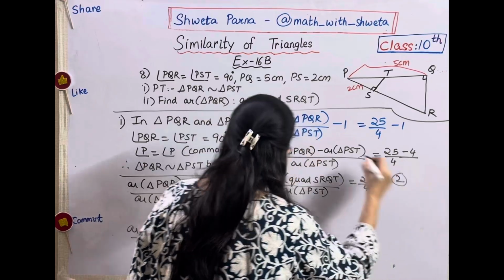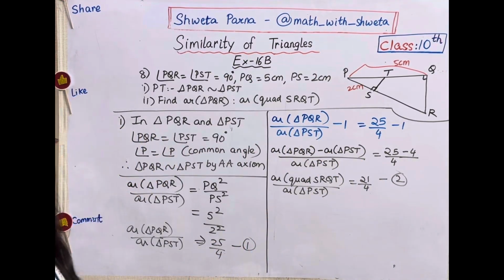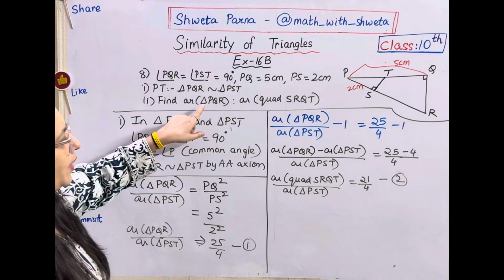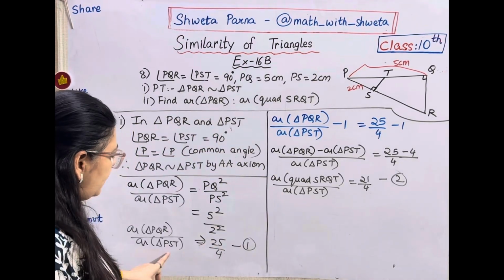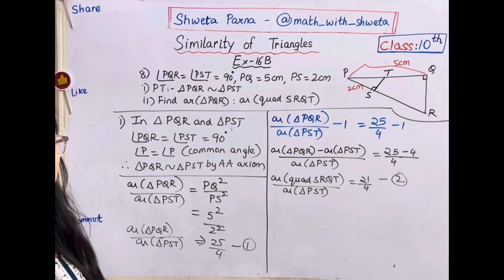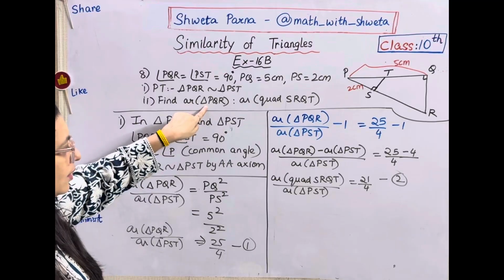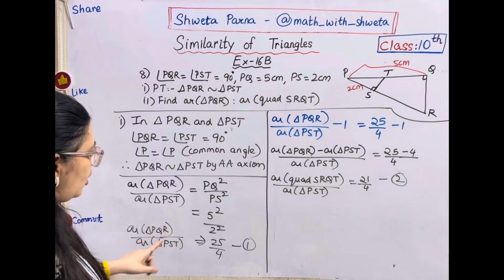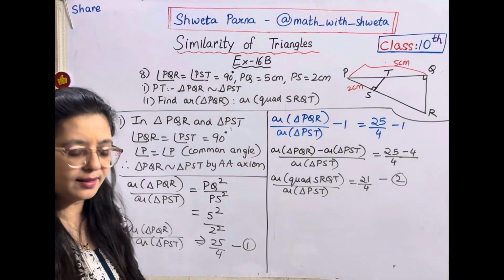This is your second equation. And what is your first equation? This is your first equation. What are we supposed to find? Area of triangle PQR. Here you have got PST. So first equation and second equation, you can use it to find this. You want this in the numerator and this in the denominator. So what you will do? When you divide this with this, you will get the answer.